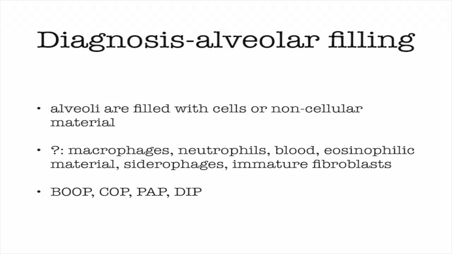Or sometimes you are seeing immature fibroblasts, and the differentials are underlined there. The book, although I was cautioned not to talk about the book, or the pulmonary alveolar proteinosis, which is PAP, or the desquamative interstitial pneumonia, because desquamation is taking place within the alveolar space. So we are having cellular debris falling into the alveolar space. So it is alveolar filling.